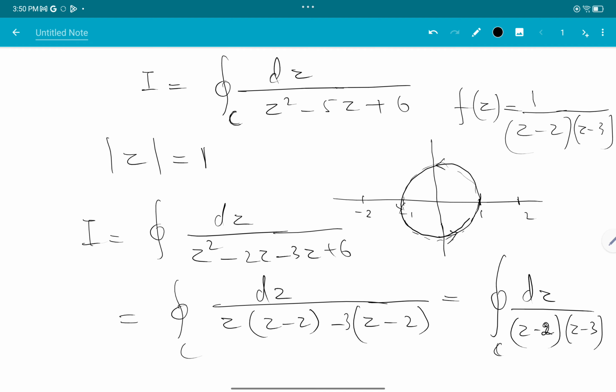Now if you look at this, you see that at z equal to 2 the function blows up, and at z equal to 3 the function blows up. We say that this function has singularities at two points, z equal to 2 and z equal to 3. I will show these singularities by crosses, as if these are dangerous points.